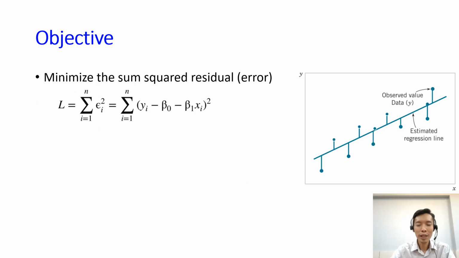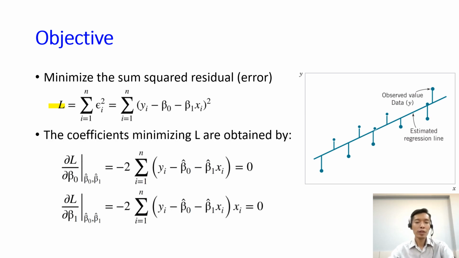Now to find the beta 1 and beta 0 that minimize this loss function, what we're doing is taking the first derivative of the loss function with respect to each parameter that we would like to find. So we take the derivative with respect to beta 0. We also take the derivative of the loss function with respect to beta 1, and then set each of these first derivatives equal to 0.